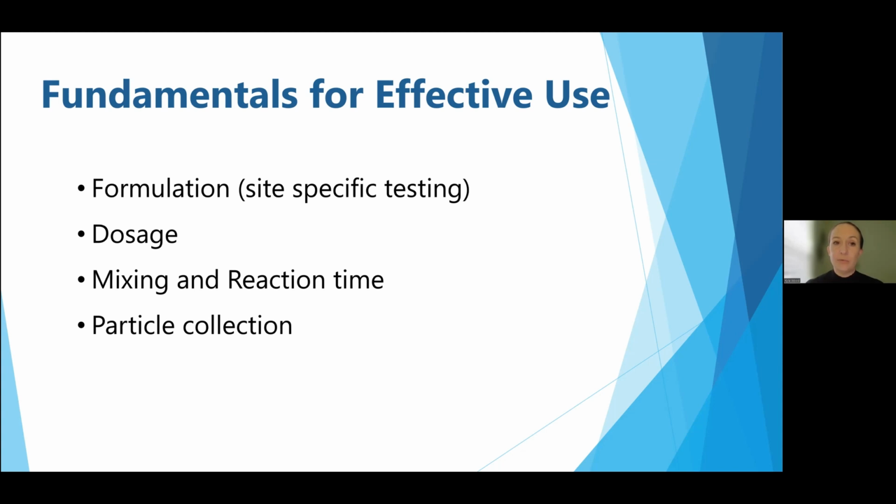We're using the right amount of the material to be effective. We have enough mixing and reaction time to fully form those flocs so that we can effectively settle or capture those particles. And then last, we want to make sure we're collecting those particles, because our ultimate goal of using any of these BMPs is to prevent turbidity and sediment from moving off site.